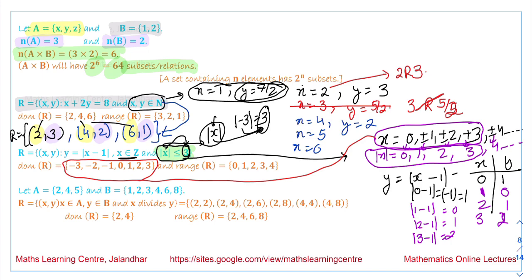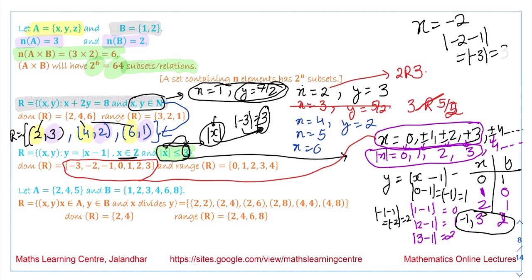Next values of x: if we put minus 1, we get mod of minus 1 minus 1, that is equal to mod of minus 2, that is equal to 2. So for minus 1 and 3 the answer we are getting is 2. Now if we put the value of x equal to minus 2, we will get mod of minus 2 minus 1, that is equal to mod of minus 3, that is equal to 3.